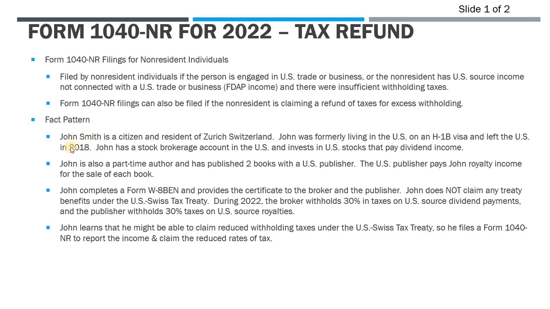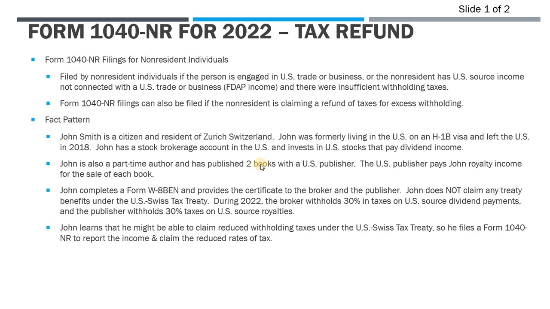So in our fact pattern here, we're going to have John Smith, and John is a citizen and resident of Switzerland. So John is Swiss, he lives in Zurich full-time, and he was formerly living in the U.S., right? He was there working on an H-1B visa, but he left in 2018.